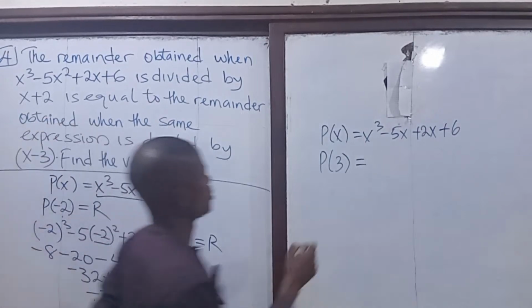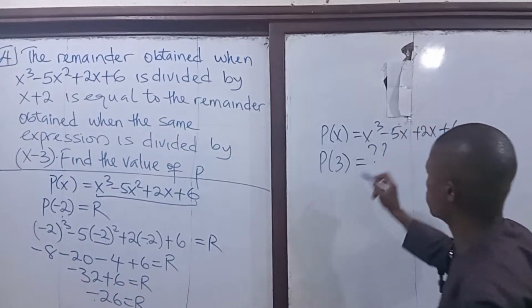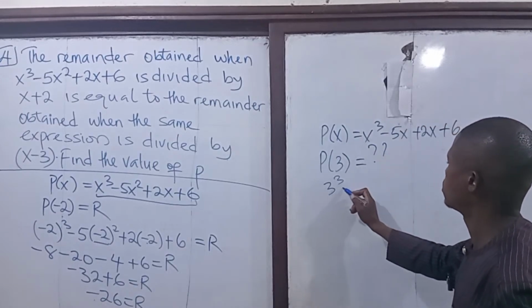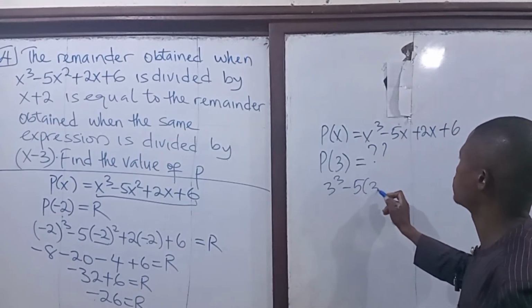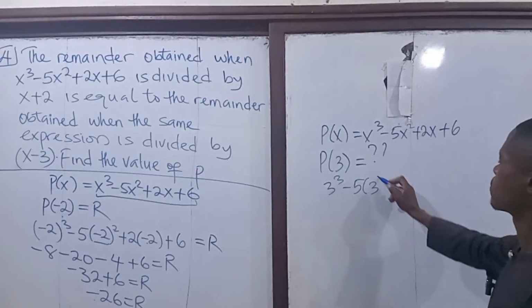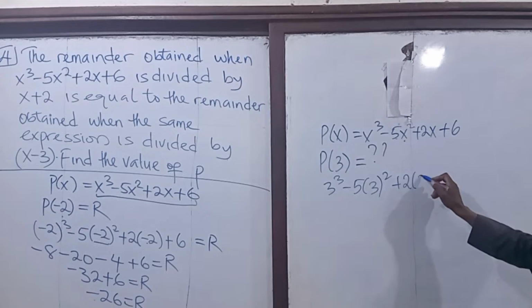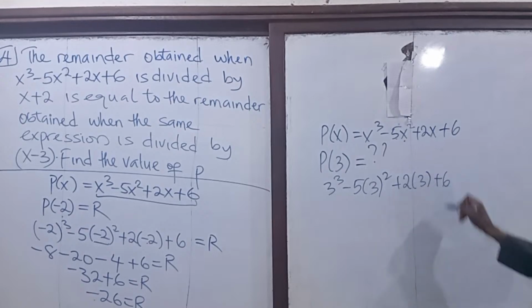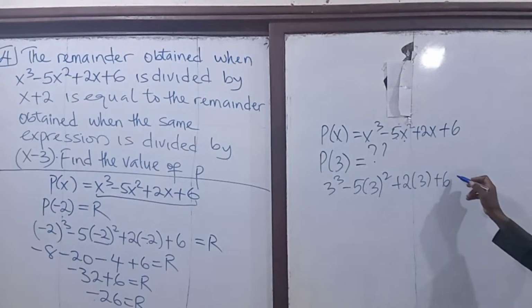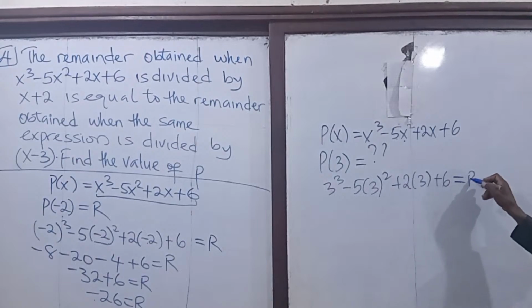So this will be equal to p of 3, that will be 3 cubed minus 5 times 3 squared plus 2 times 3 plus 6, equal to the same remainder you get in the previous expression.